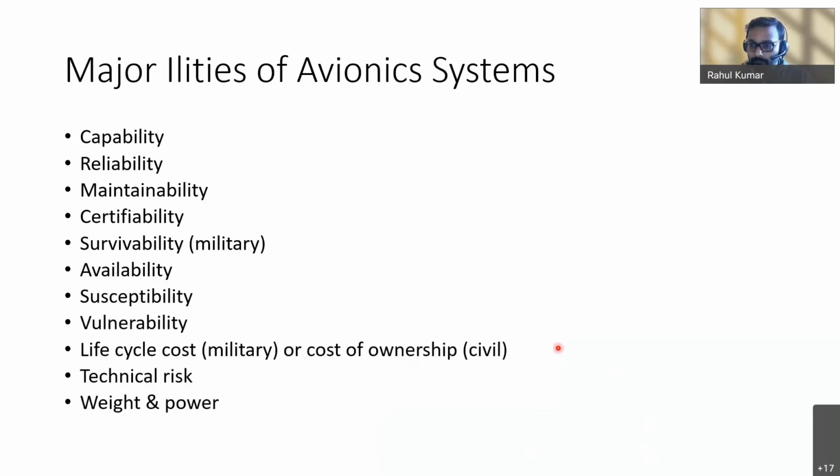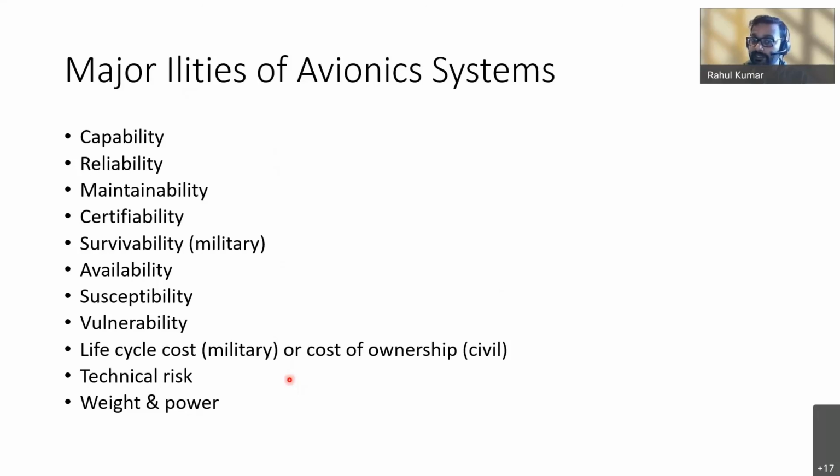Now finally, along with those three design steps which I have mentioned, we also need to consider some of the ilities which the avionics system should have. Ility basically means the quality the avionics system should exhibit.